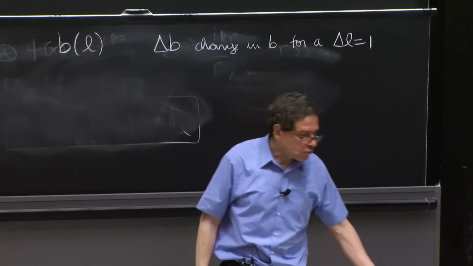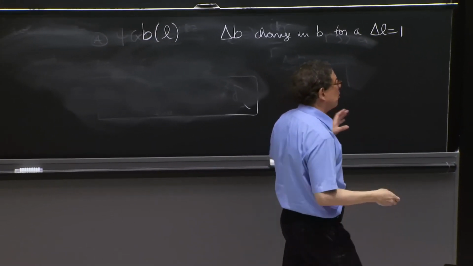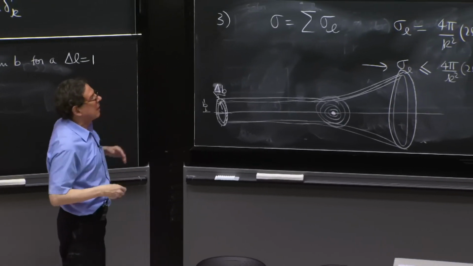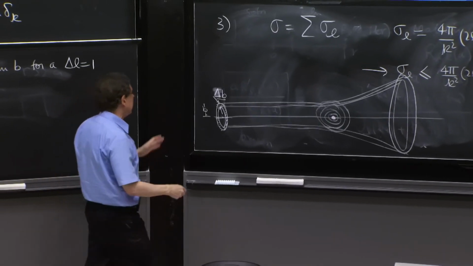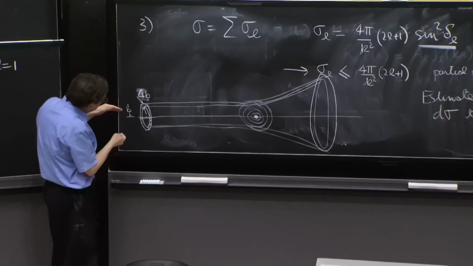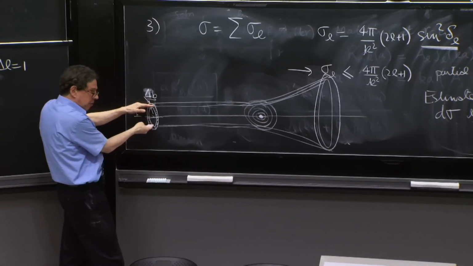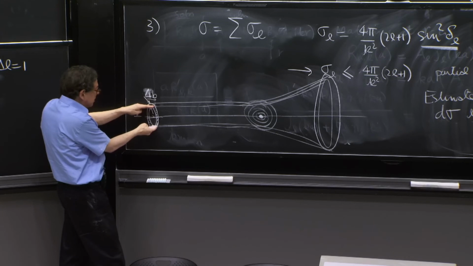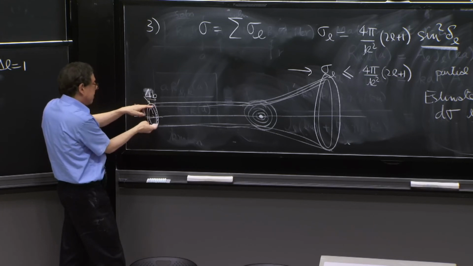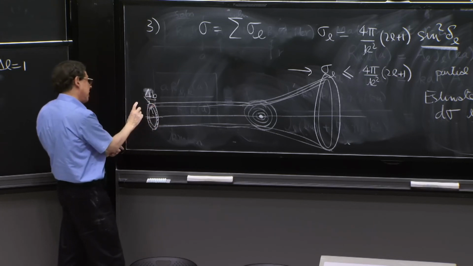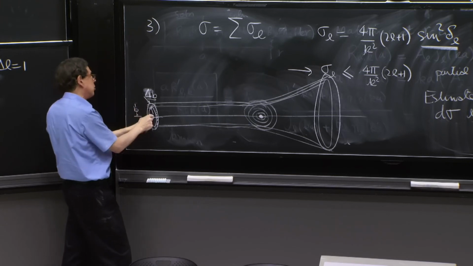You see, each partial wave corresponds to a different L. Classically, there's no quantization. So I must think of an impact parameter, and the partial wave corresponds to the thickness of this thing, a change of B because L has changed by 1.